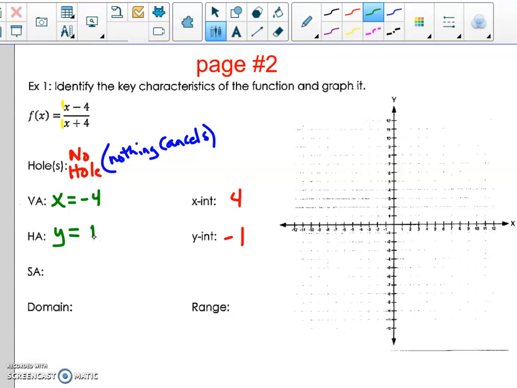And since we have a horizontal asymptote, you won't have a slant asymptote. You can't have both. You'll only have one. And so that's example 1. That's where we're trying to figure out how to simplify and read the rational function for holes, asymptotes, and intercepts.